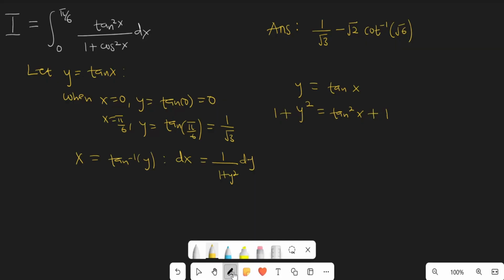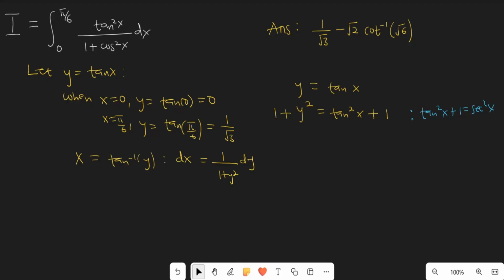And now from the Pythagorean identities, we know that the tangent squared of x plus 1 is equal to the secant squared of x, right? So I'm just going to replace the tangent squared of x plus 1 with the secant squared of x. So 1 plus y squared is the same as the secant squared of x. That is from the Pythagorean identities.